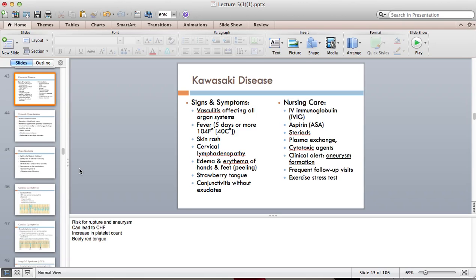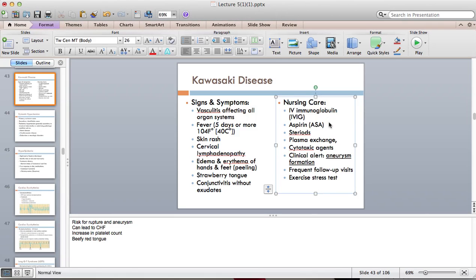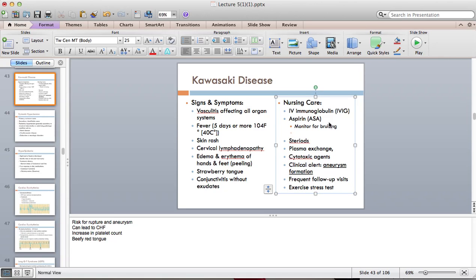Who is raising their hand? What can we look for if we're not doing blood work? Jackie, any idea? Increased pulse? Yes, Tiffany.